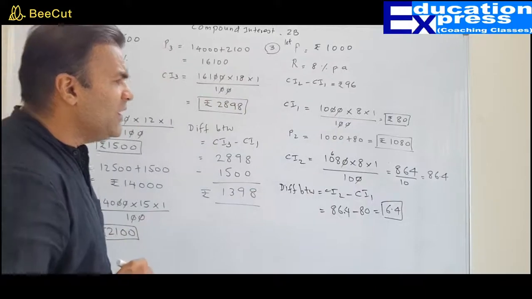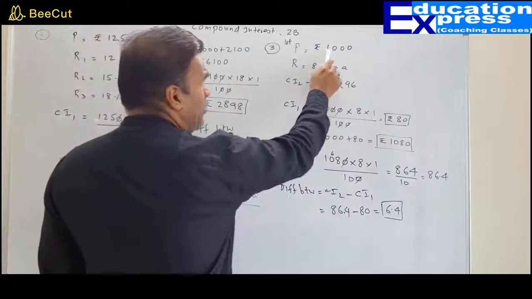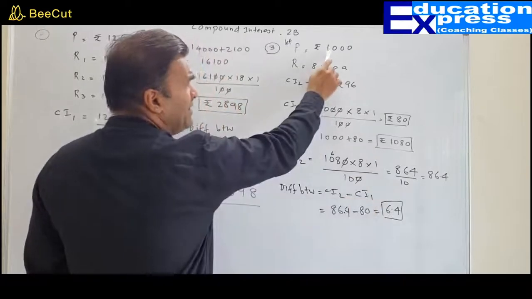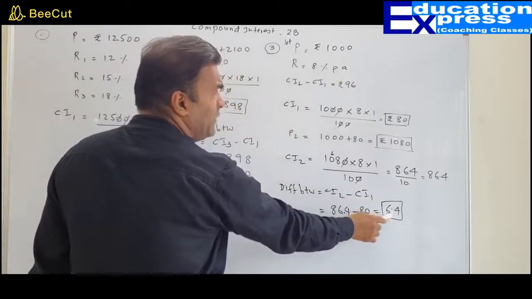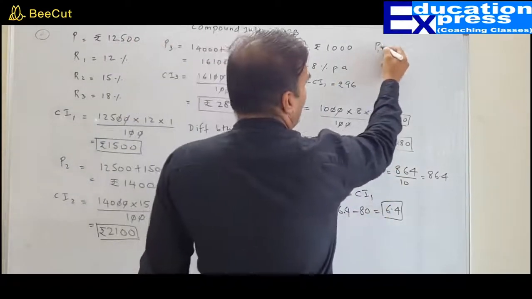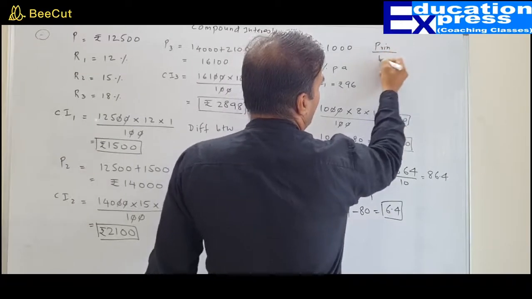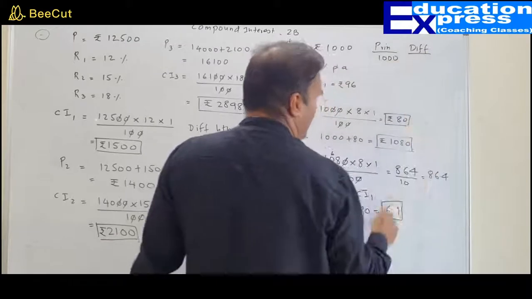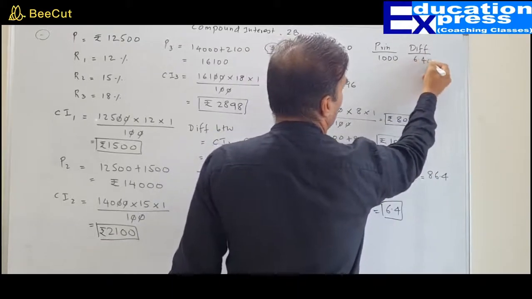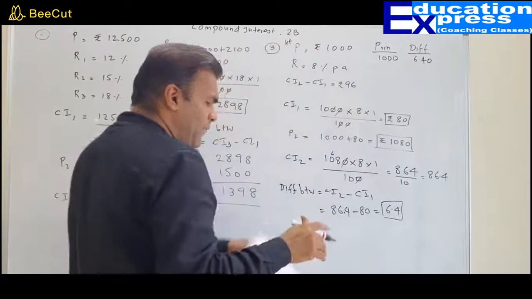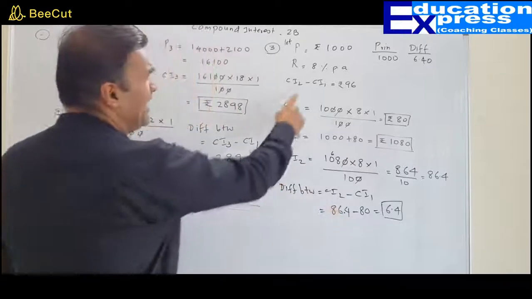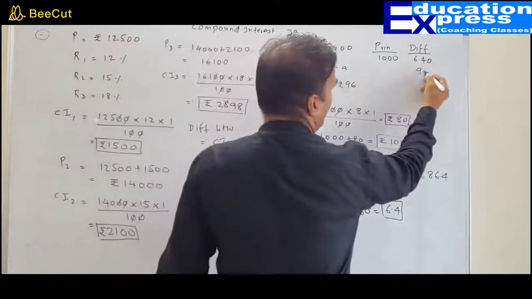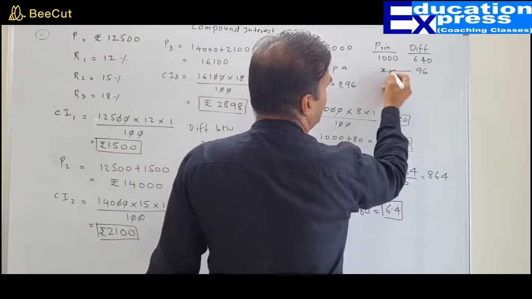Now if you go to see, when I invested 1000, the difference is 64 rupees. That means when principal is 1000, difference is how much? So difference is 6.40. So when the difference is 96, it's given to us, how much will be the principal?